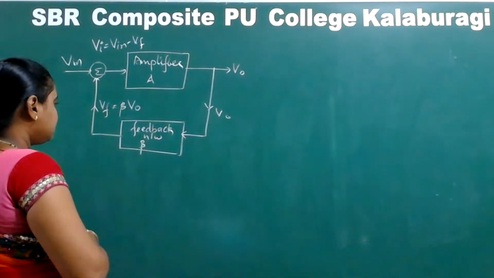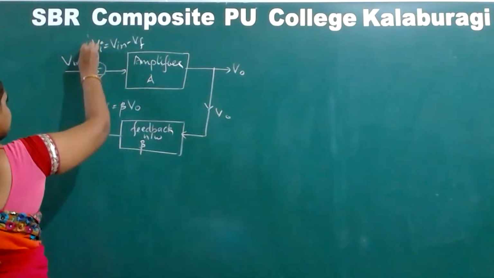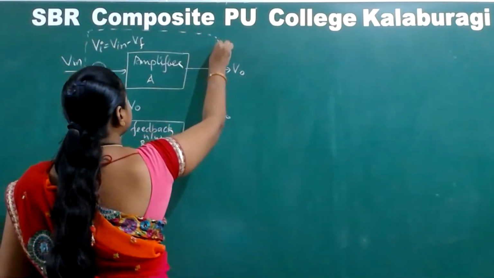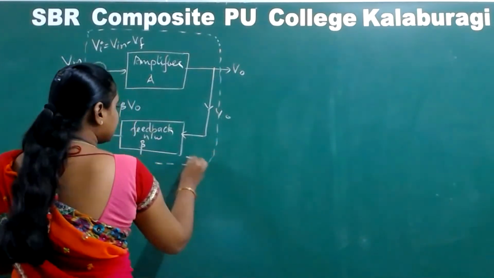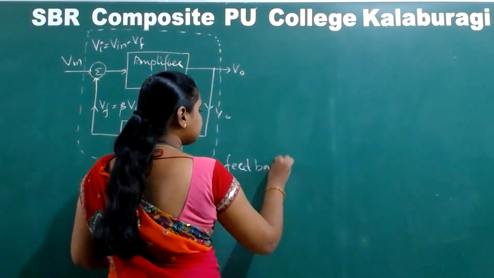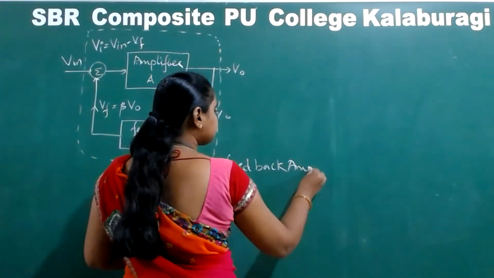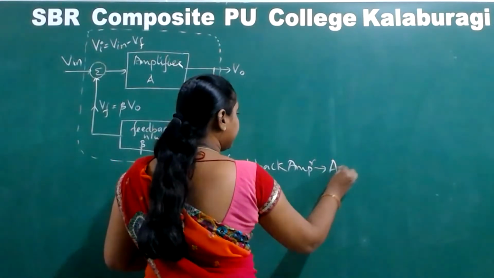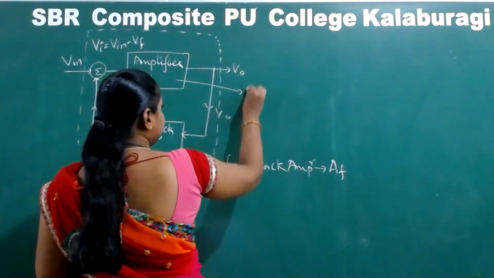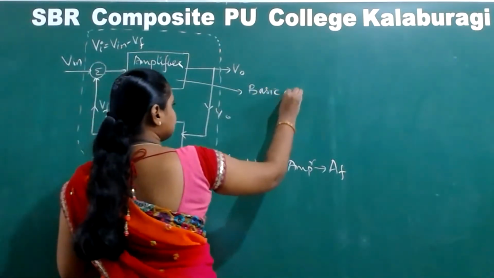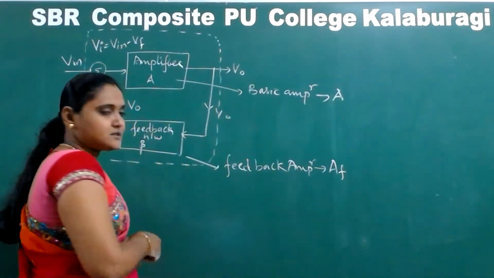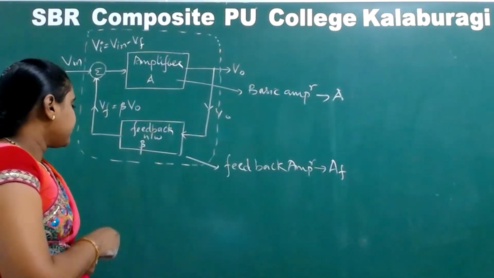Okay, now the entire unit, this is feedback amplifier, and its gain is represented by AF. Okay, and this is the basic amplifier, and its gain is given by just A. Okay, these two things you have to remember. Right?